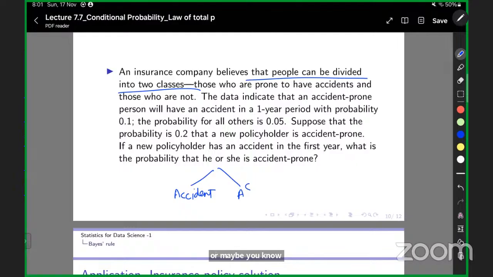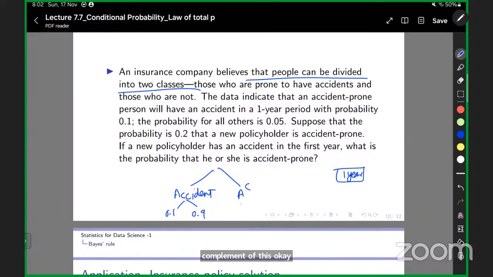The data indicates that an accident prone person will have an accident in a 1 year period with probability of 0.1. So 0.1 that it will happen in 1 year. Another case could be that it will happen in more than 1 year. So more than 1 year is 0.9, not 2 years, but more than 1 year. Complement of this. That's how you have to see.